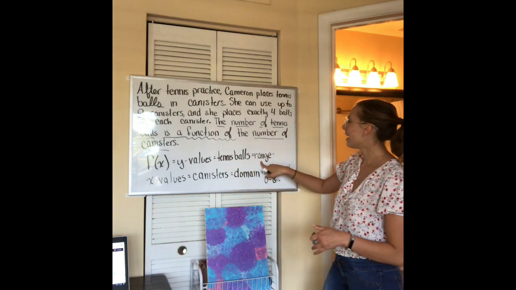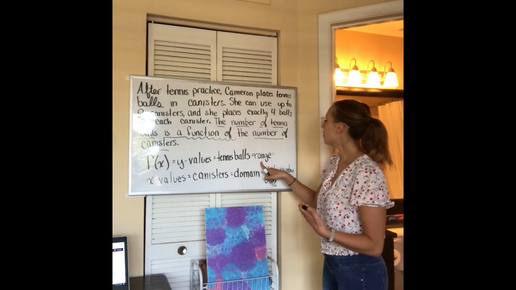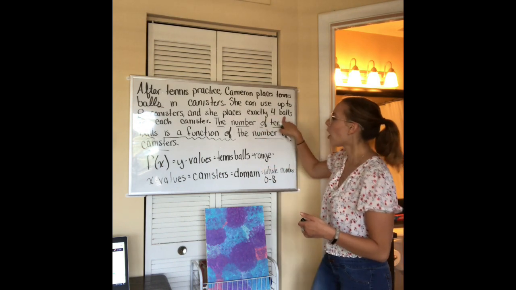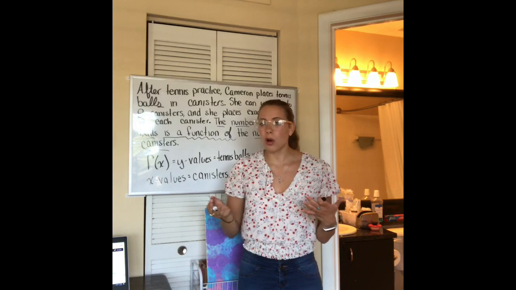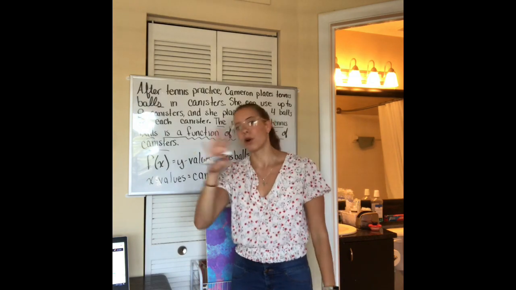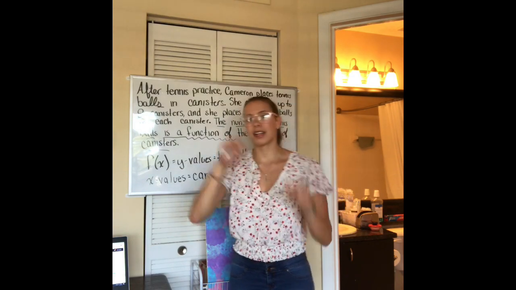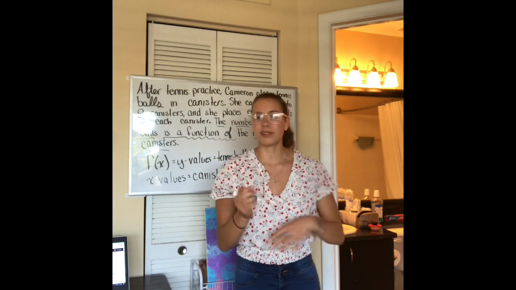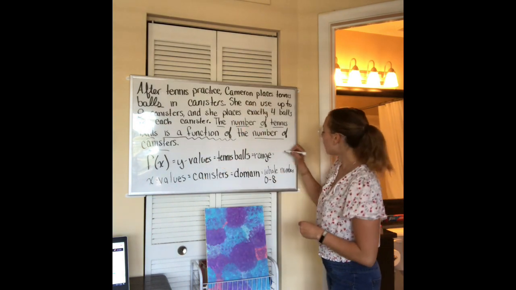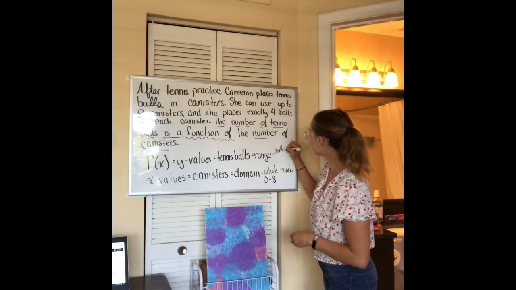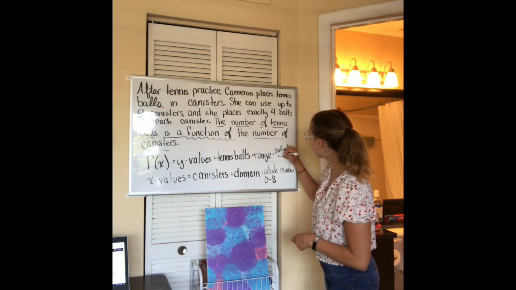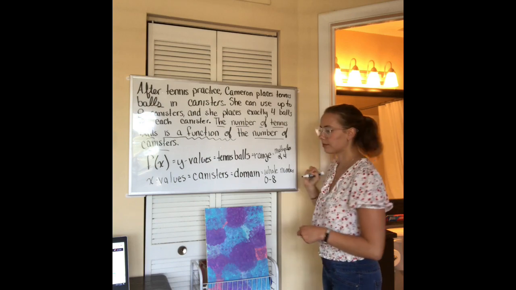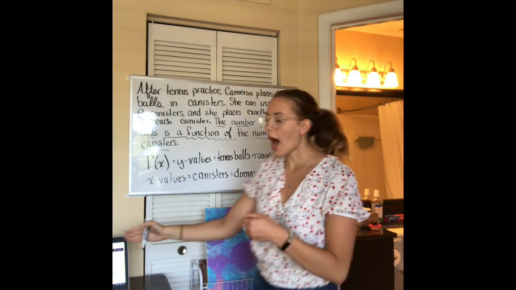And so my range, I know that she places exactly 4 balls in each canister. So if I had 1 canister, I'd have 4 balls. If I had 2 canisters, I'd have 8 balls. If I had 3 canisters, I'd have 12 balls, and so on and so forth. So these y values are your multiples of 4.